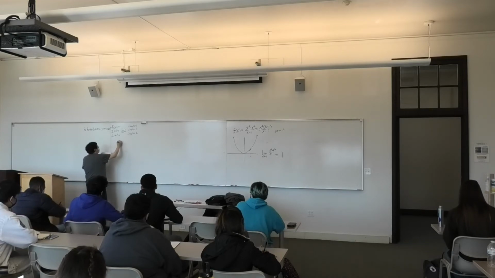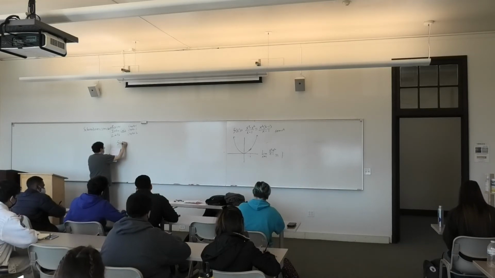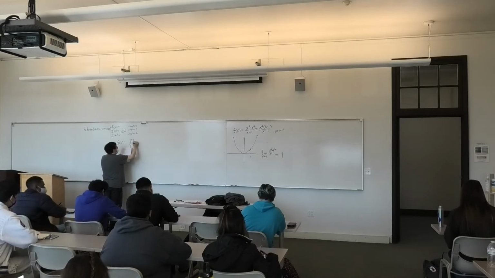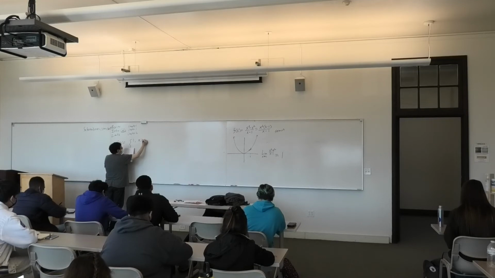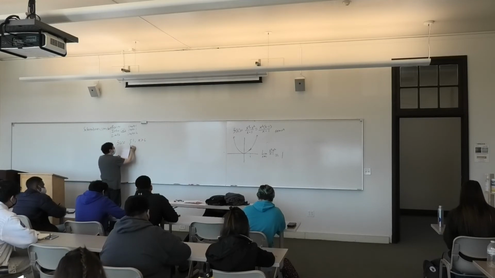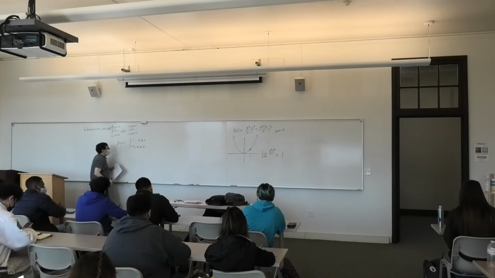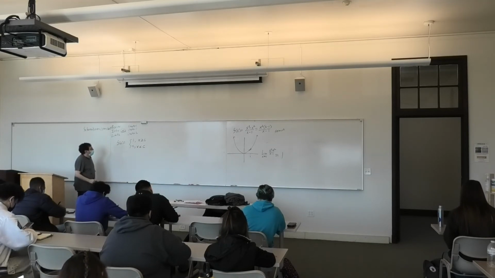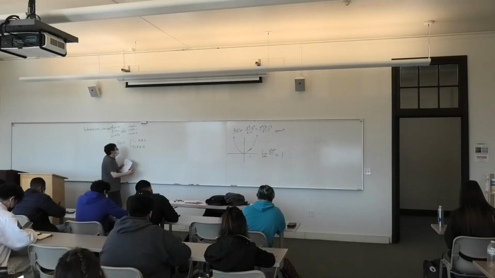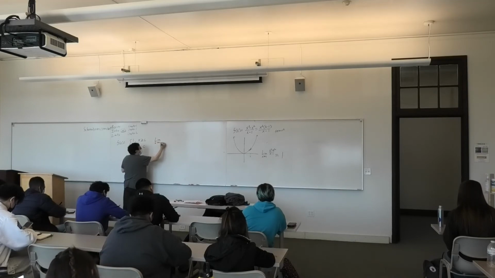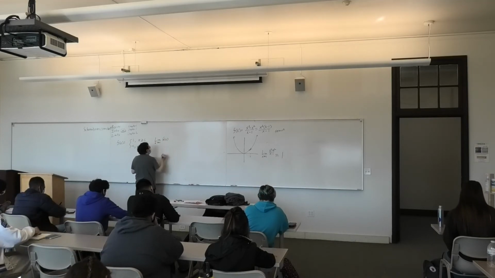Let's look at this function. f of x equals, this is a piecewise function. 1, if x is greater than or equal to some constant c, and minus 1 if x is less than c. And we're interested in the limit as x approaches c of f of x.